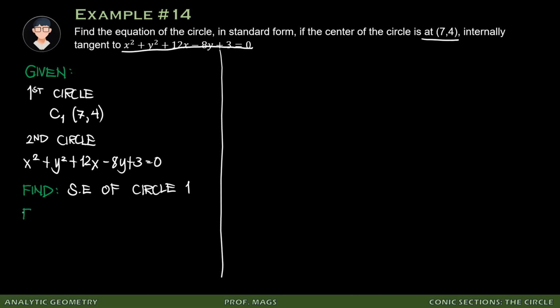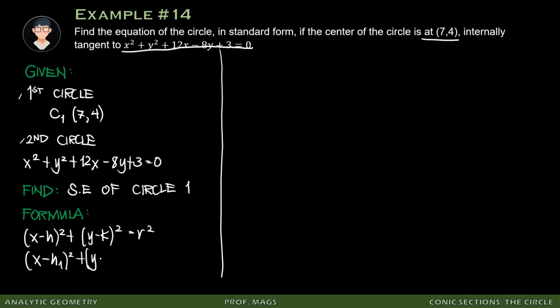The formula that we're going to be using in solving this problem is (x minus h) squared plus (y minus k) squared is equal to r squared. Since we have two circles, we can write this formula as (x minus h sub 1) squared plus (y minus k sub 1) squared is equal to r sub 1 squared.